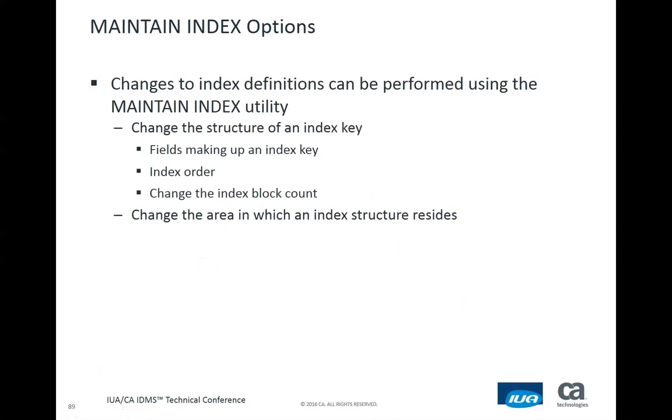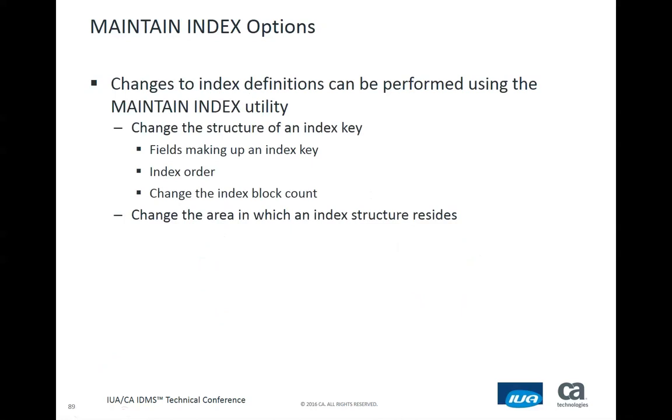The index order can be changed, so you could change something from sorted to say next or any type of unsorted, or from unsorted to a sorted key, and change the IBC, the index block count. Again, I mentioned some time back, the IBC or index block count is the number of entries within a particular SR8.